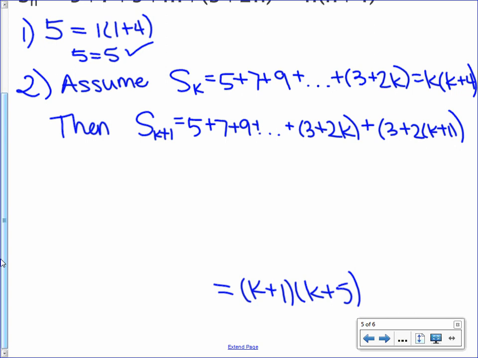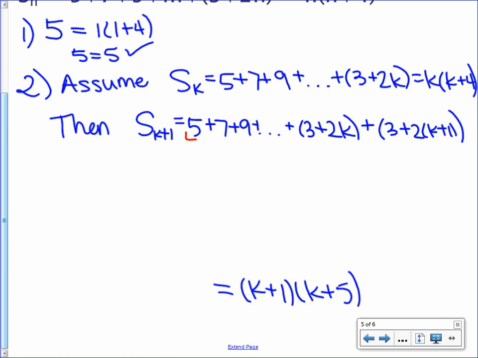All we did is we took what the sum should be for k, and we replaced k with k plus 1. Alright, so now let's manipulate this to where we can get it to look like k plus 1 times k plus 5.